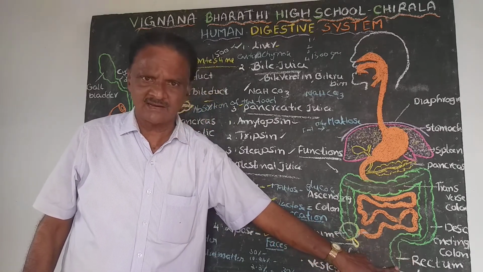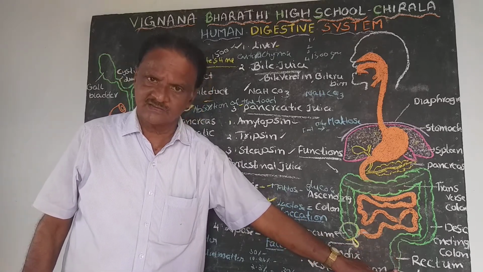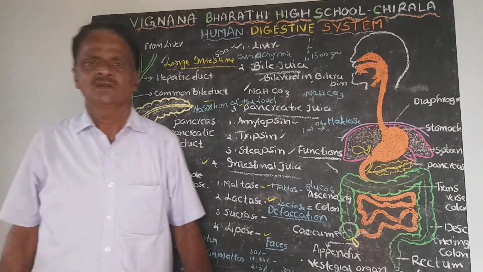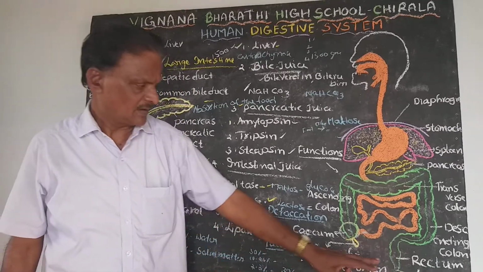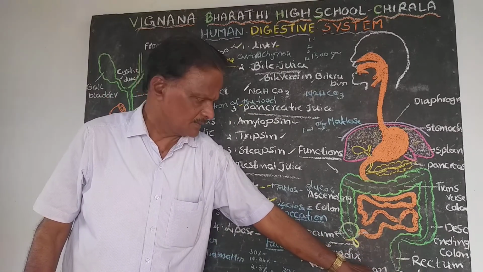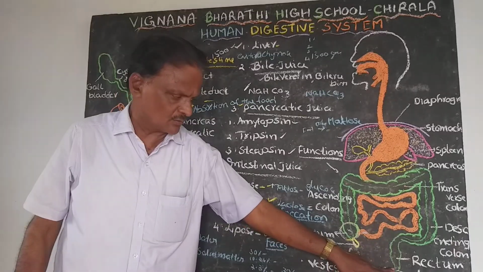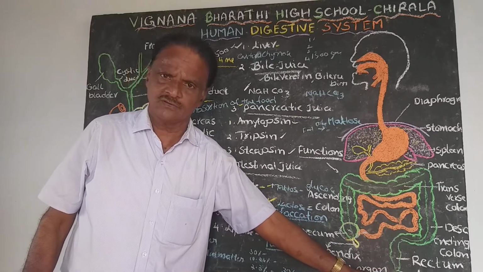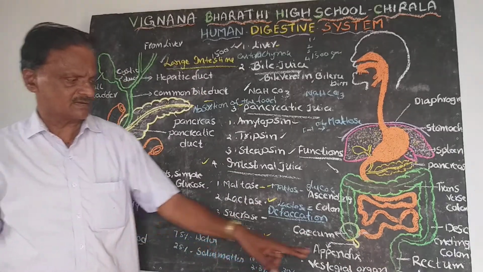The anus has three circular muscles, or sphincters, to keep it closed except when passing bowels. That is the rectum.